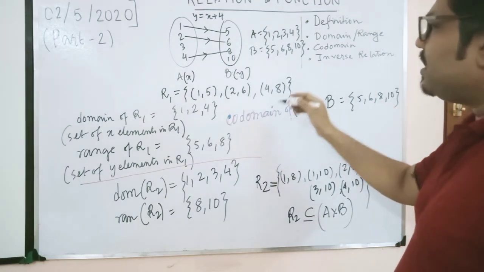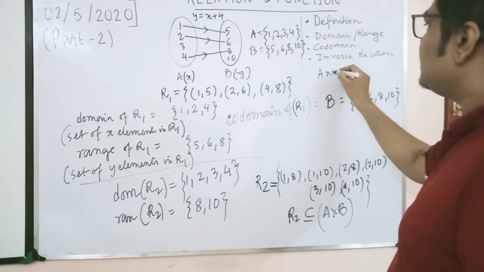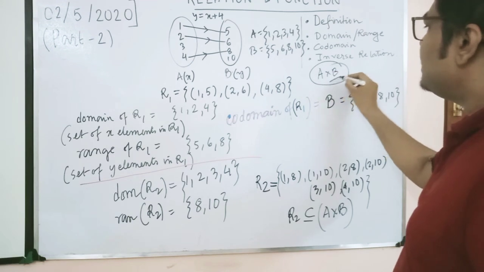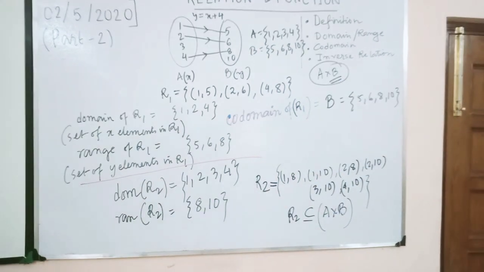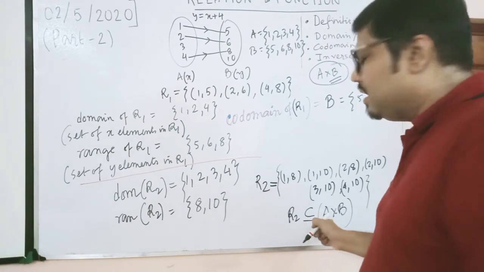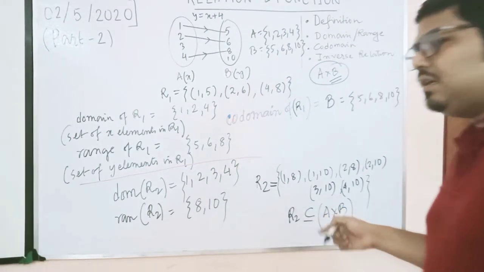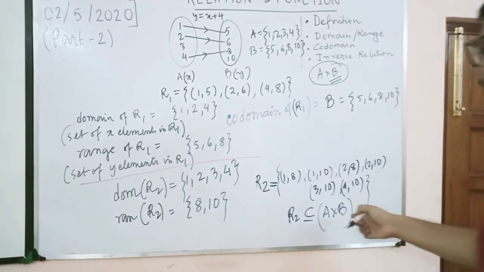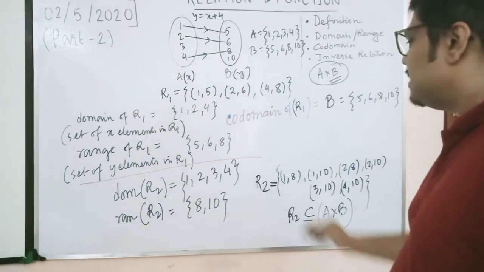So the Cartesian product was A cross B. So what is the second set? Second set is B. So the codomain will be B. Here also, look at this, the source is A cross B. So the second set of the Cartesian product, you can say that is the codomain.